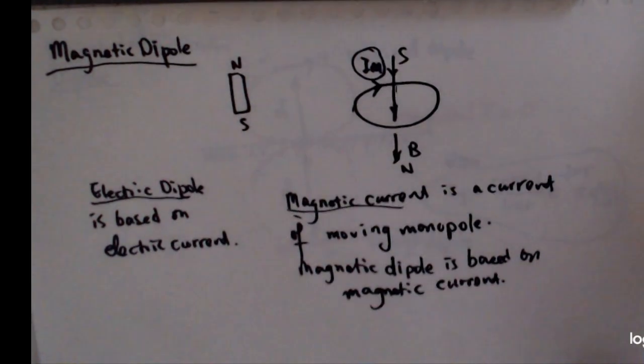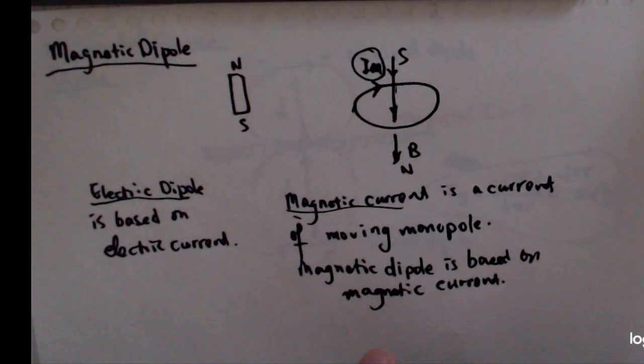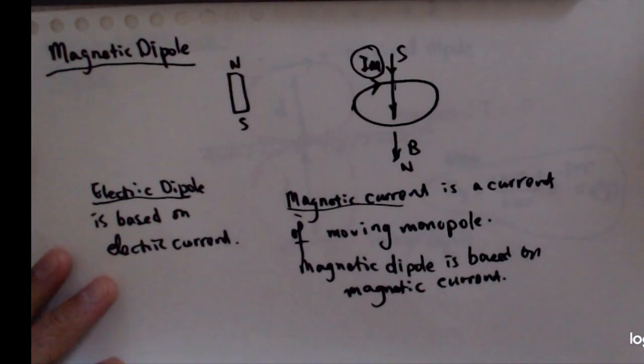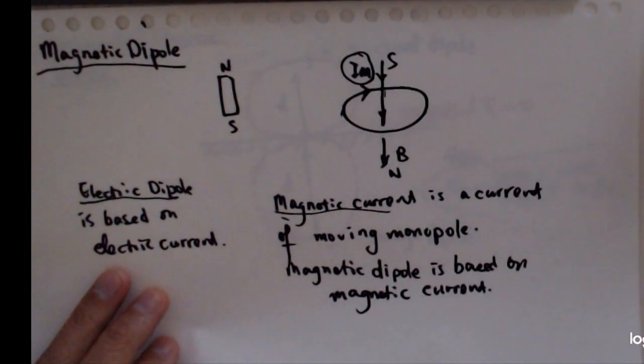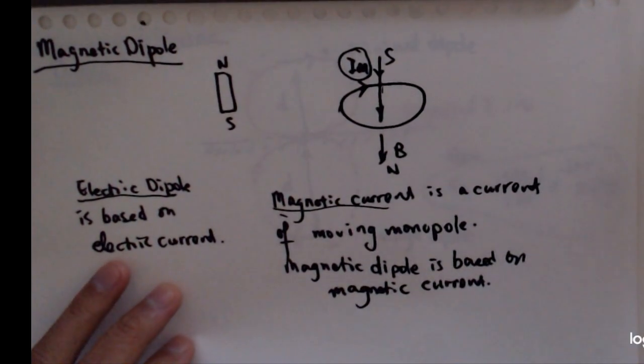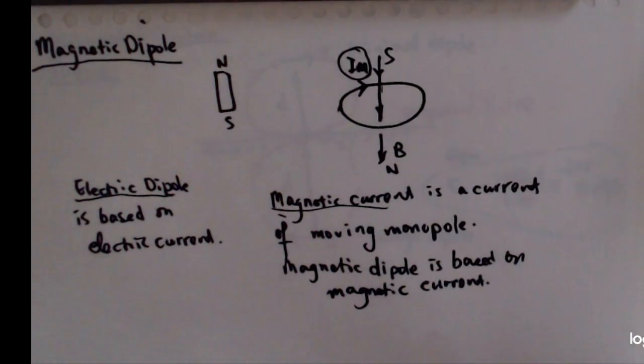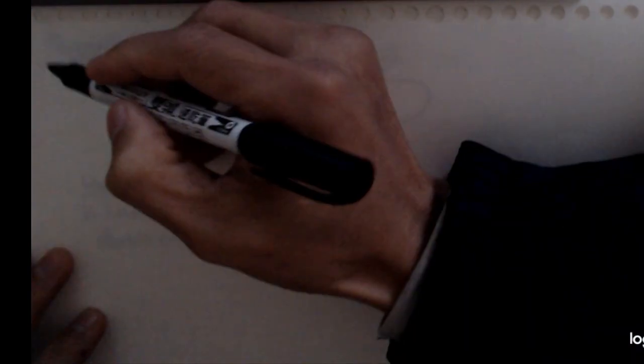Okay, now I'm going to talk about image first. This is the core topic of this discussion. The magnetic dipole, similar to electric dipole, can be vertical or horizontal.